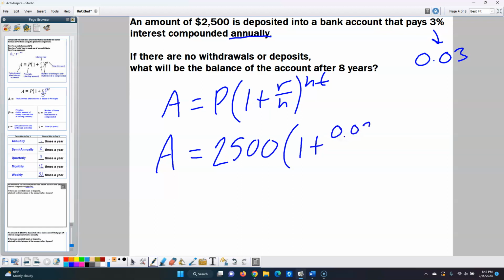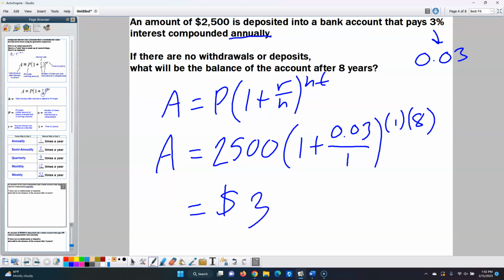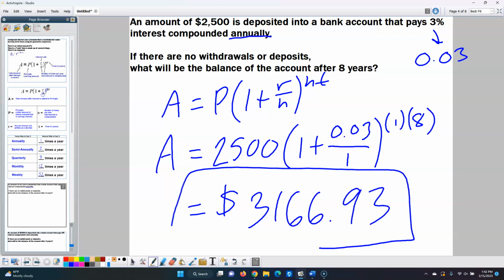I'm going to write that as a decimal right here. And then N is how many times a year are you compounding that thing? It said annually, so that's 1. And then how many years? That would be 8 years. And you'd punch all that into your calculator, and I think you're going to get 3166.93. So that would be your final balance after 8 years.